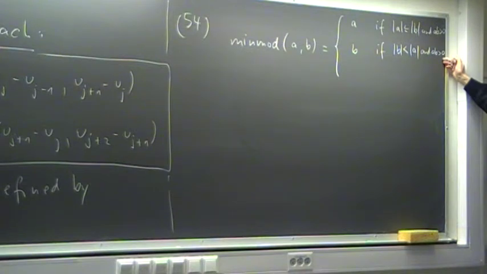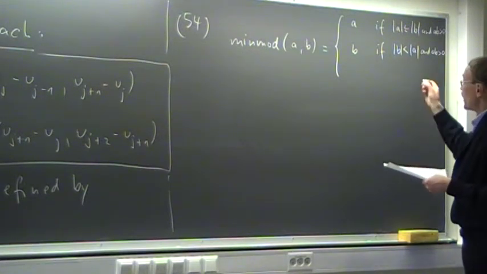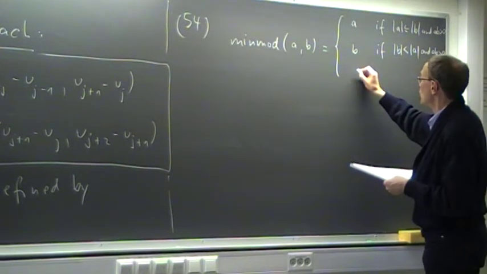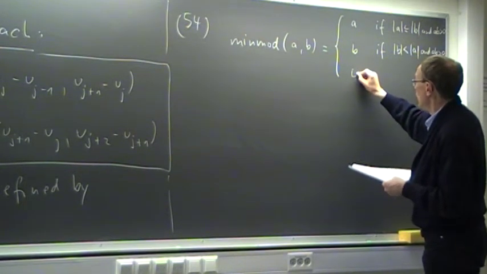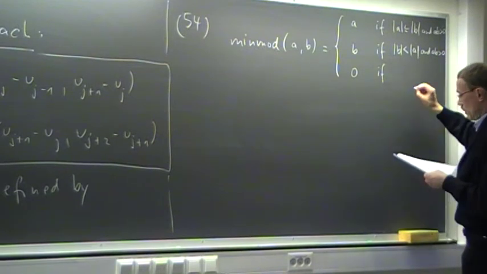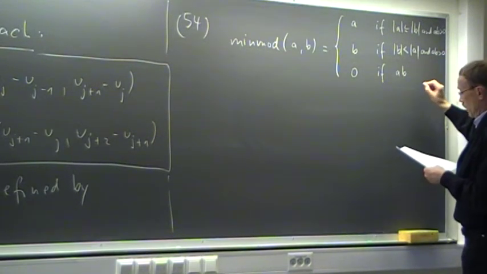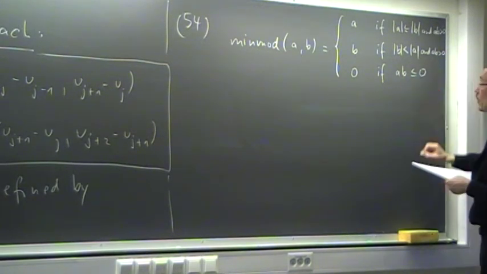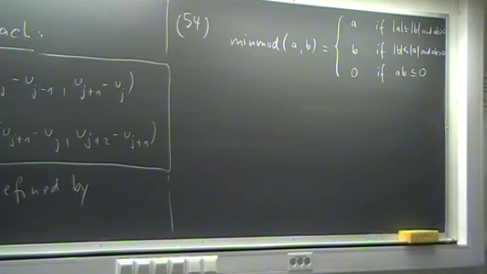That is a conservative choice, where by the smallest slope we are closest to the slope 0. We can take other choices, but this is the most conservative and most robust. And then we take 0 if the slope is 0 or negative, that is, if one of them is 0 or if they have different sign. In our case, we had this situation in cell j.